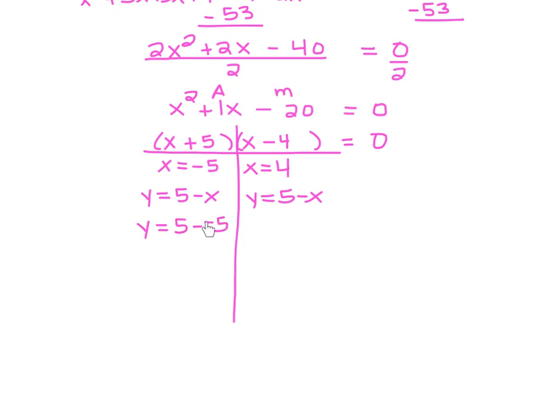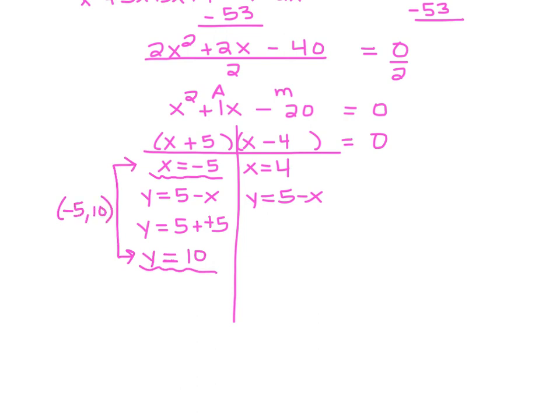Now we know if you have a minus negative, that's a plus. So we have 5 plus 5, so y is equal to 10. Okay, so basically when x equals negative 5, y equals positive 10. So this is going to be one of the points of intersection, negative 5, comma 10.